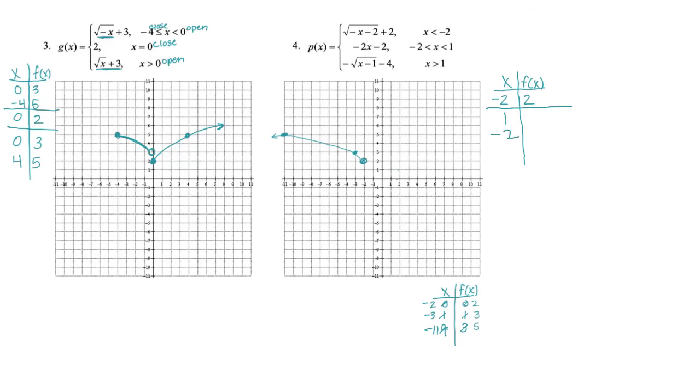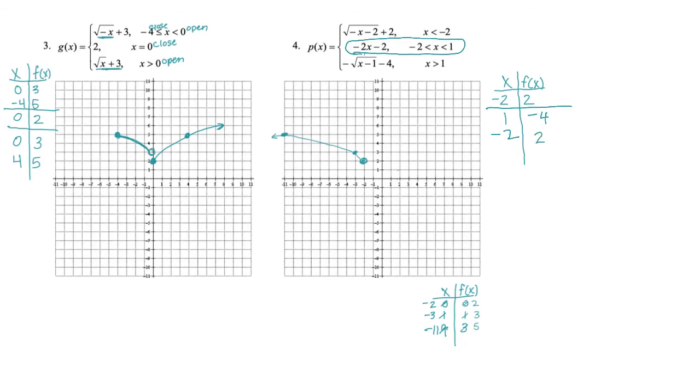So plug in 1. And if we plug in a 1 right here, that's going to give us -2 minus 2, so -4. If we plug in -2, that's going to give us 4 minus 2, which is 2.